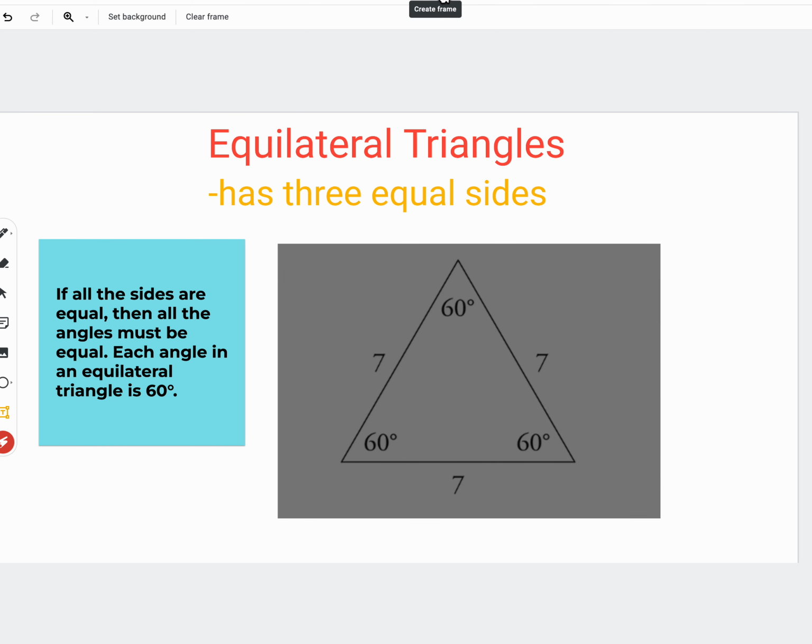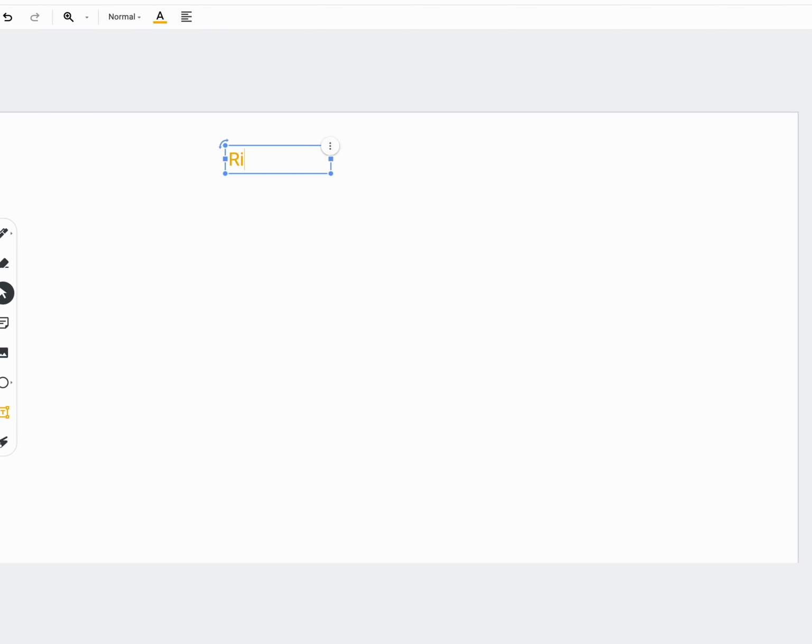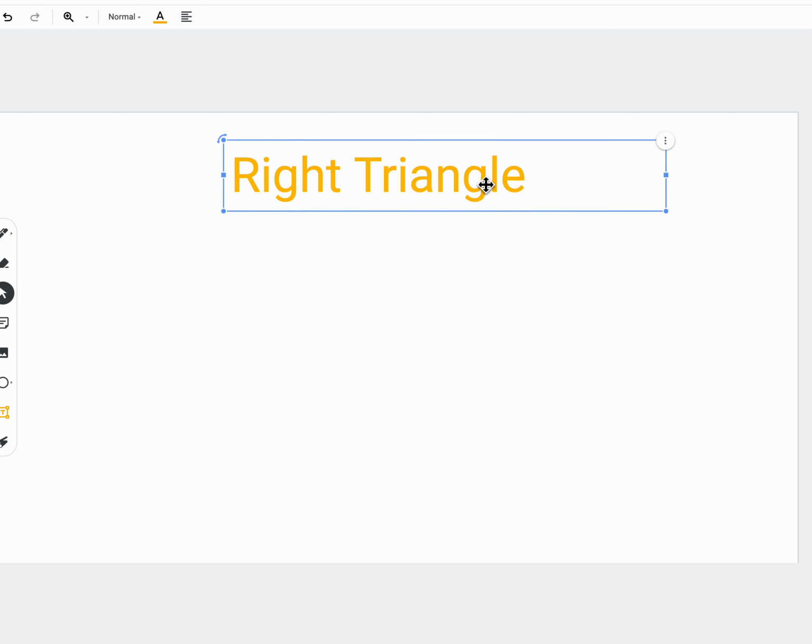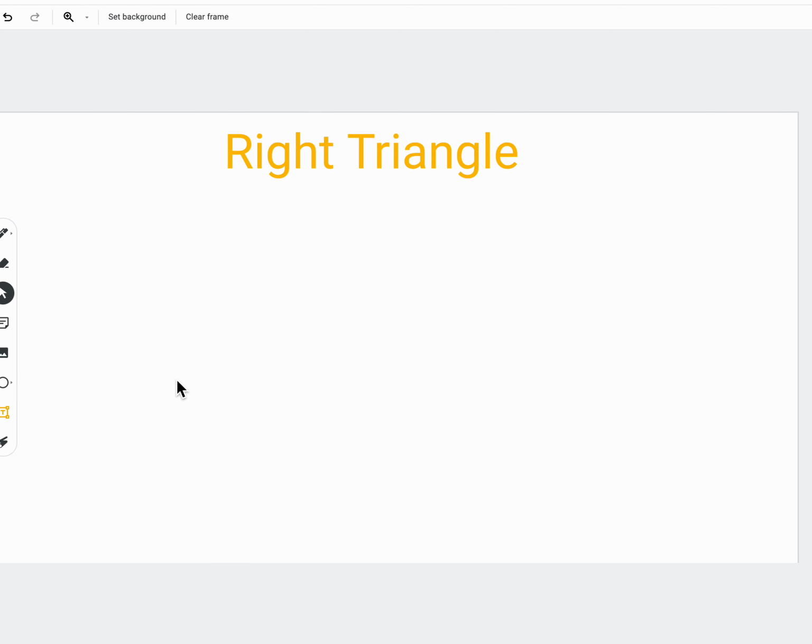Now let's take a look at a right triangle. A right triangle is a triangle with just one 90-degree angle. Let's take a look at a figure.